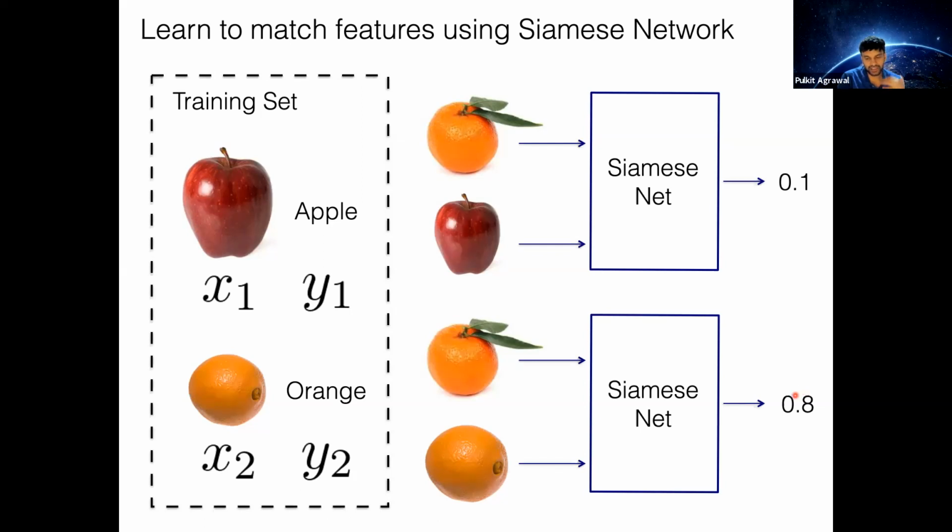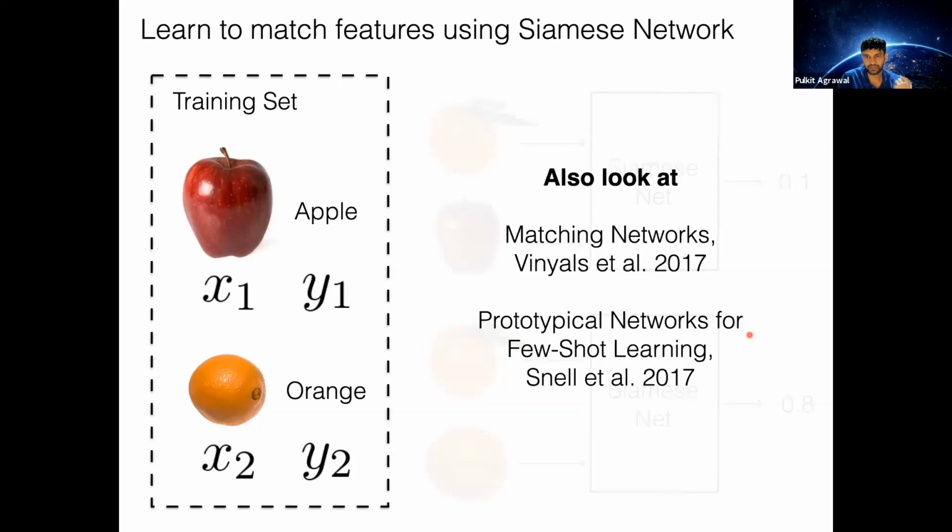This approach of learning how to match has been quite popular. There are two particular works, both with more than 1,000 citations at this point. One of them is matching networks, and the second is prototypical networks for few-shot learning.